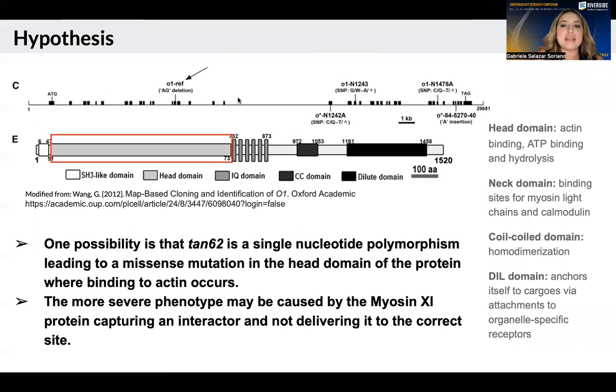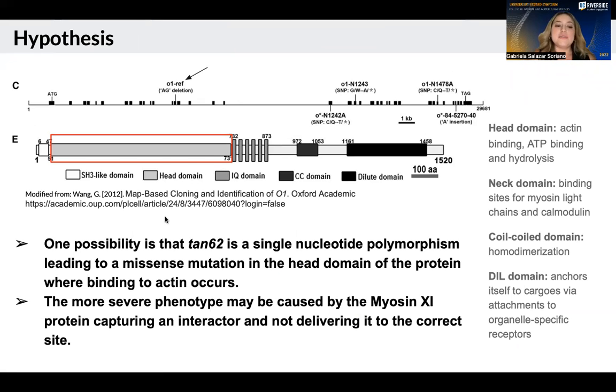And so this schematic shows the opaque 1 gene, and the arrow points to the site of the location, which results in the opaque 1 phenotype. And this is a figure representing the myosin 11 protein with the different domains that serve different functions.